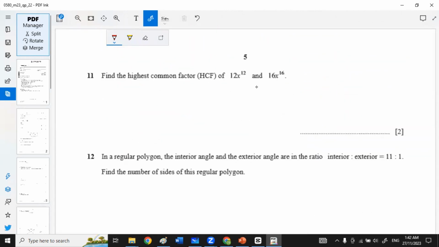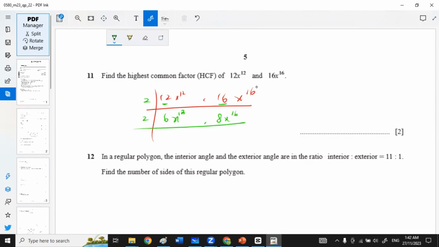11. Find the highest common factor of 12x to the power of 12 and 16x to the power of 16. Just divide. We start with the numbers 12 and 16. We can start with 2. You get 6x to the power of 12 and 8x to the power of 16.